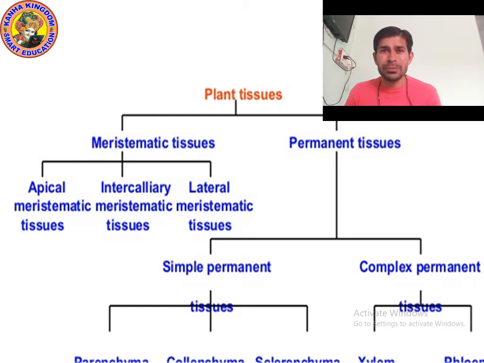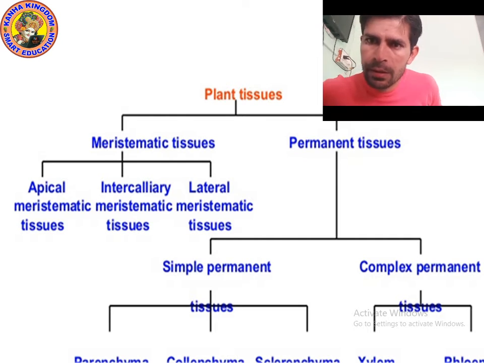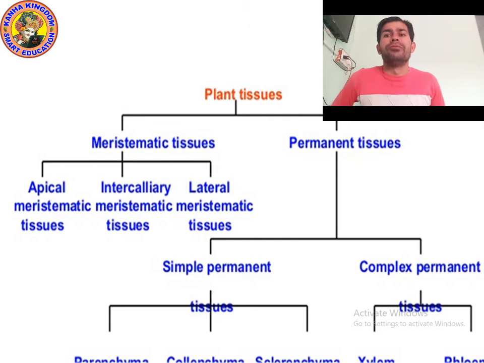There are different types of tissues: blood tissue, lymph tissue, tendon tissue, ligament tissue, and they play a very important role. They perform different types of functions.